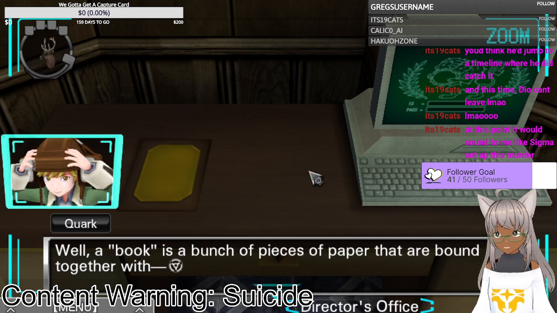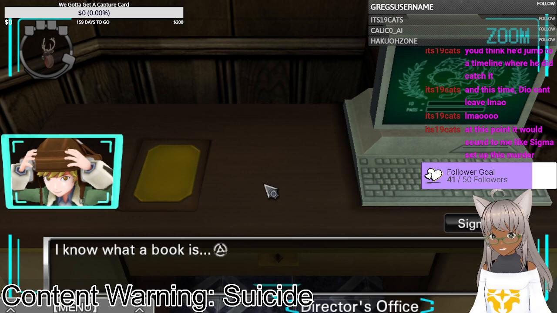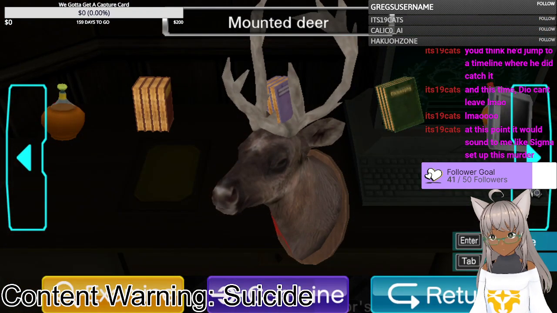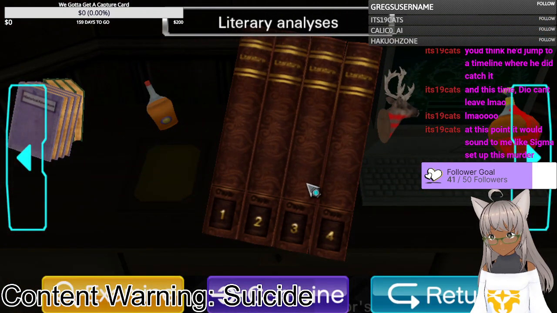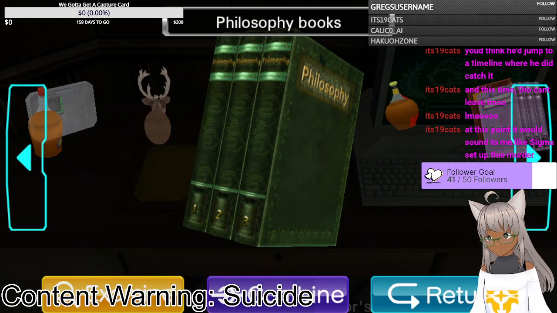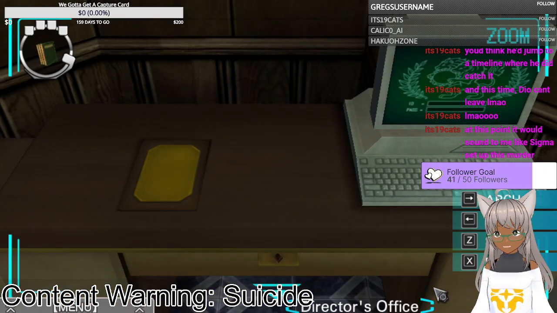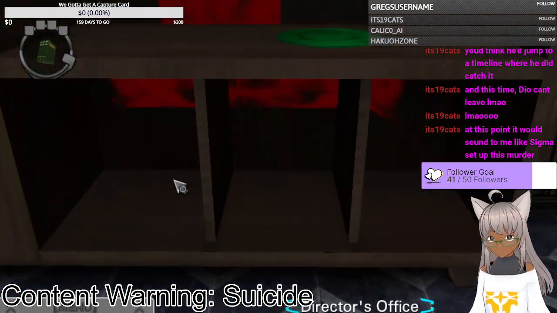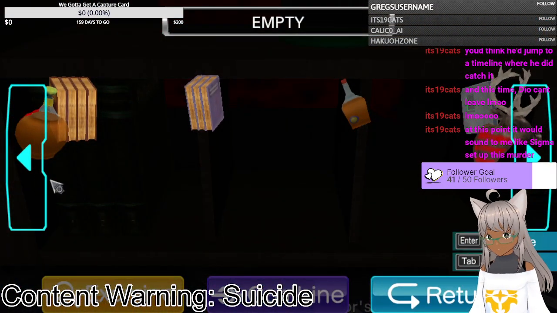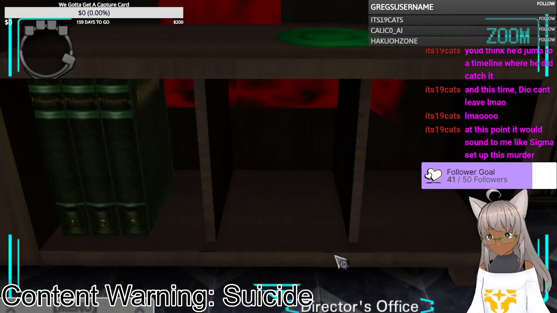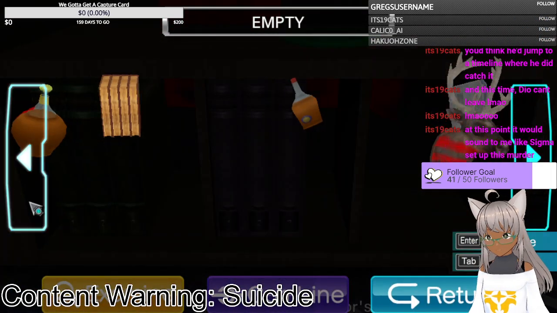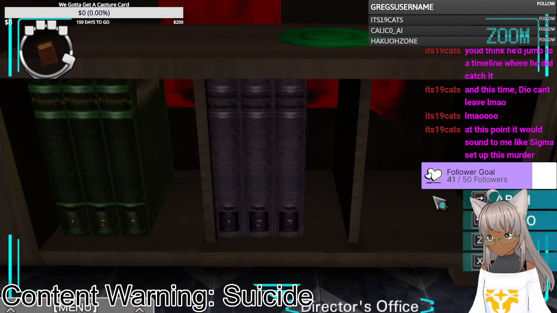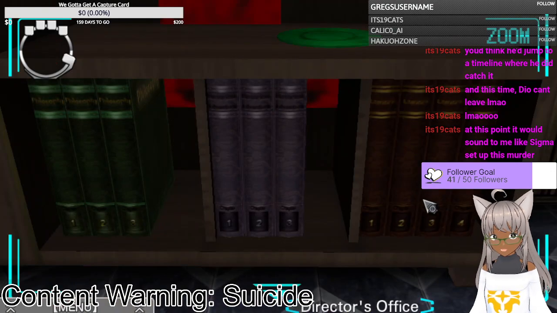Well, a book is a bunch of pieces of paper that are bound together with... Ah, I see. There's 3 books, and then 4 books. Easy. 3. 3. 4. Let's rock it.